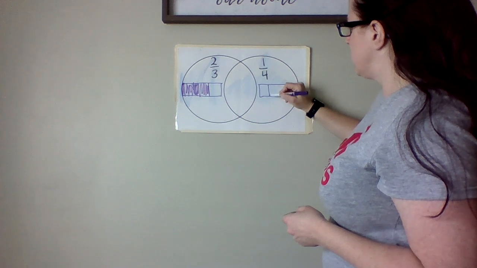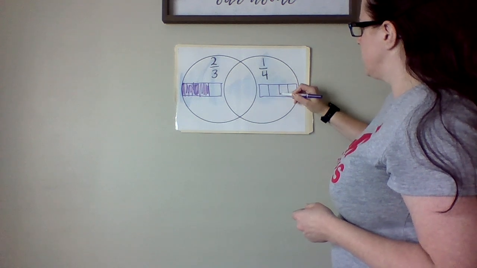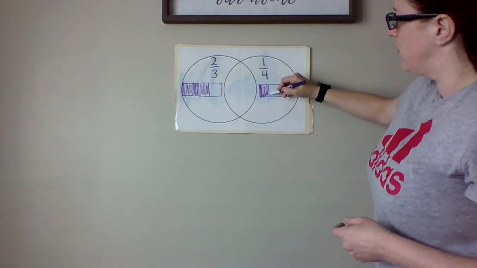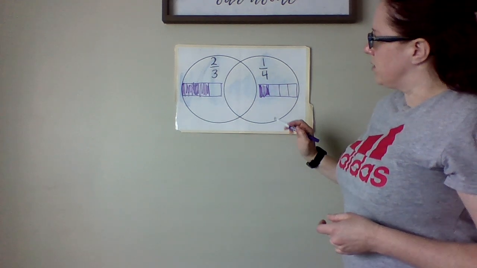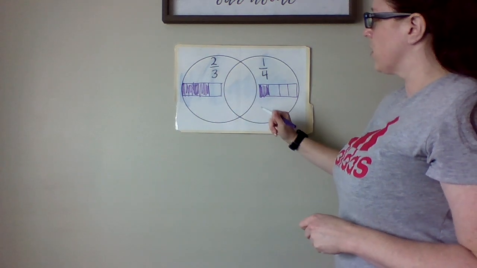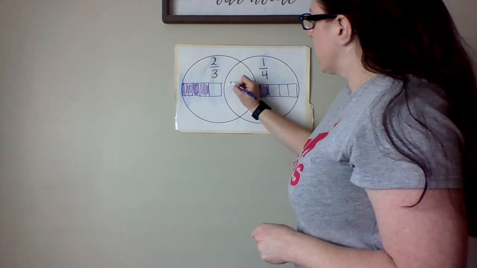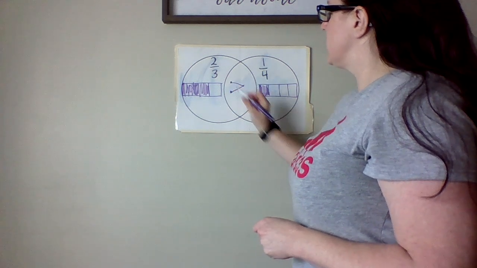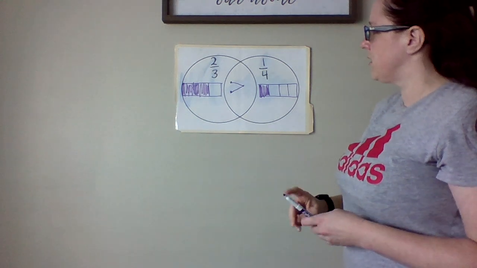So I need 1, 2, 3, and that means 1, 2, 3, 4 parts. And I've got 1/4. So it looks like 2/3 is definitely greater than 1/4. The greater fraction gets the 2 dots. So here is my symbol for greater than. 2/3 is greater than 1/4.